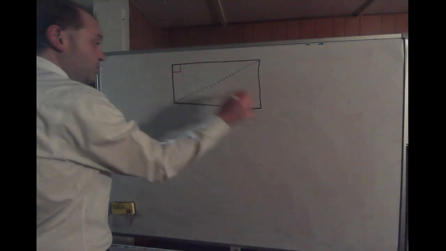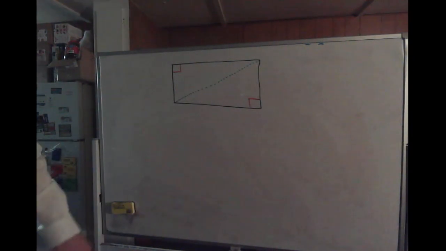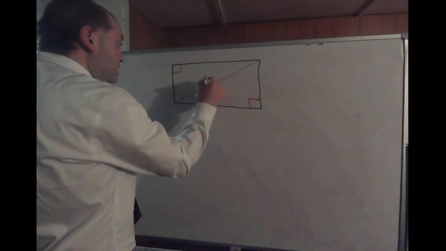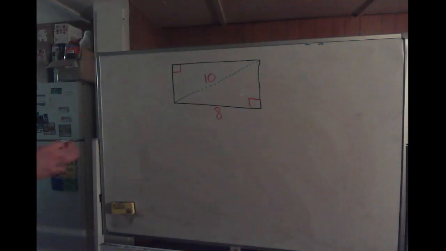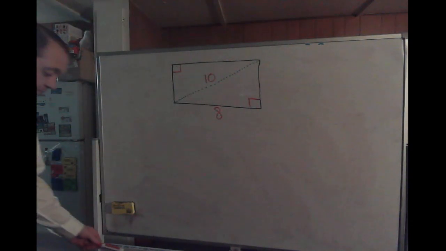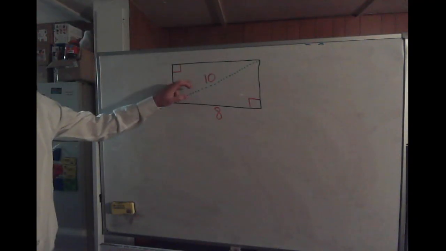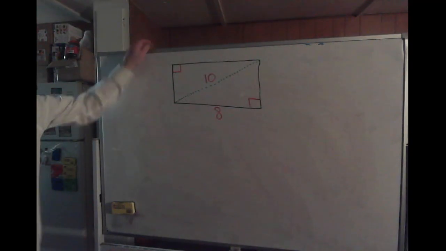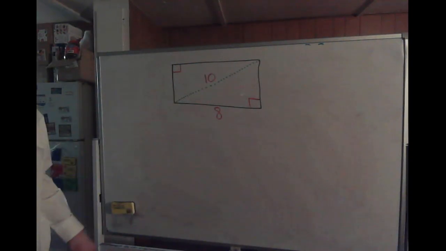Just for good measure, I'll even denote right angles. Alright, so what we have here is, of course, a rectangle split into 2 right triangles, right?